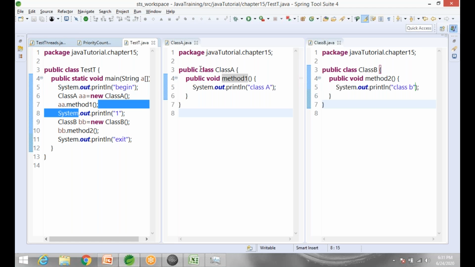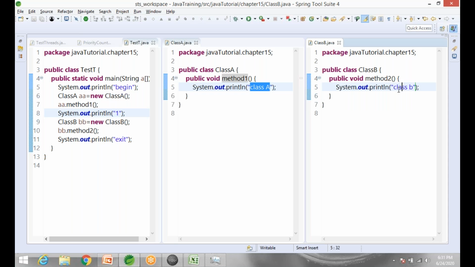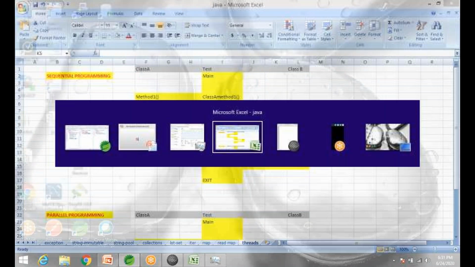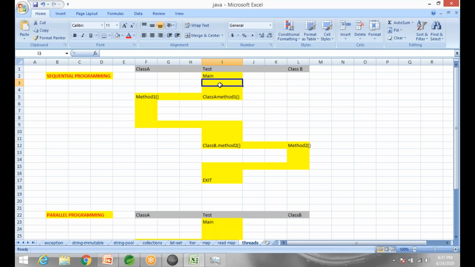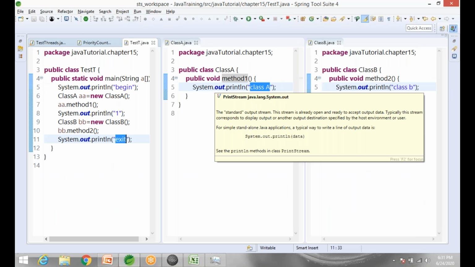Then it prints class A, then class A 1. Then class B. And then exit. So technically, this is what your program does. First, you sys out begin. Now, does everyone understand why it prints like that?